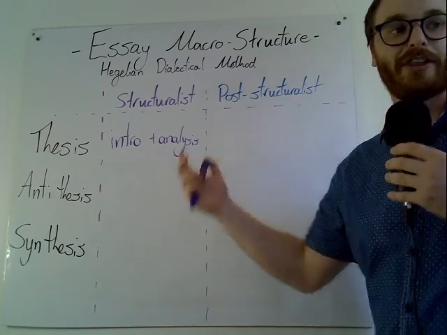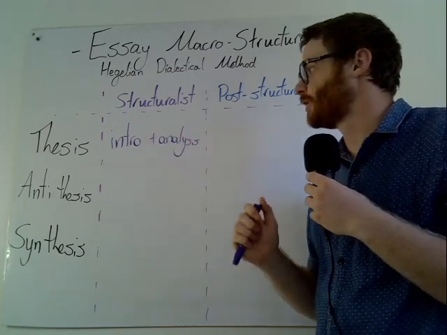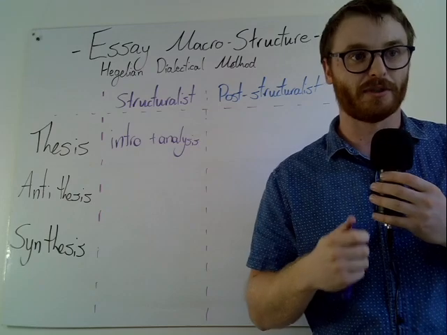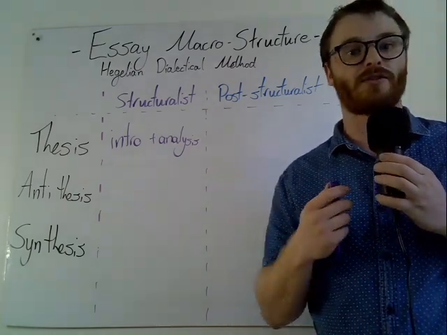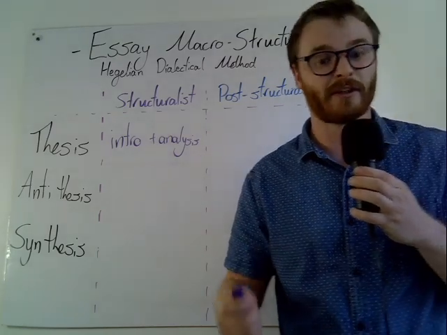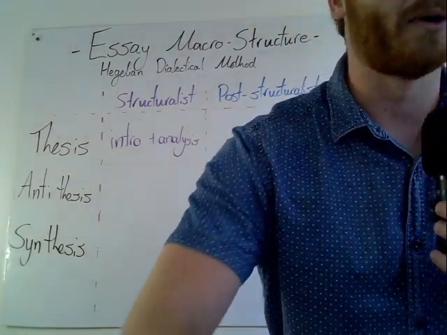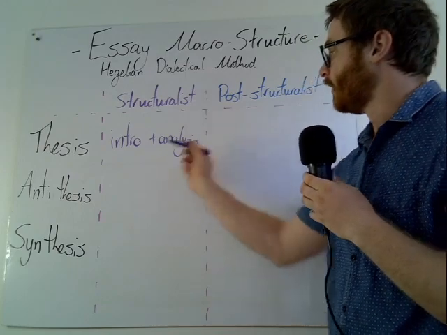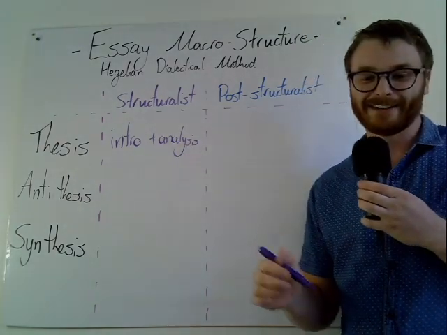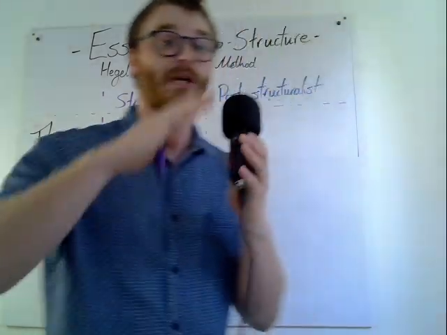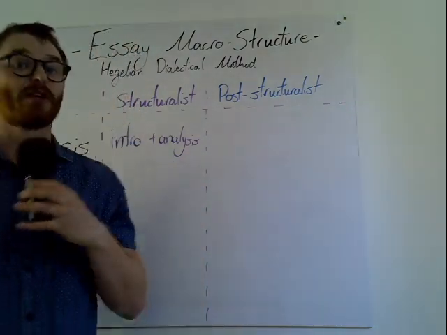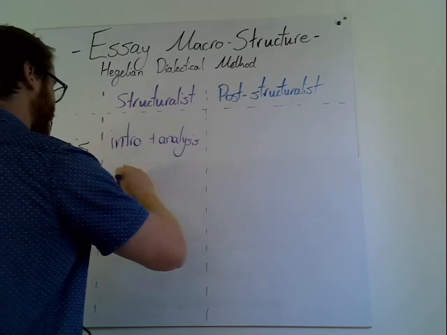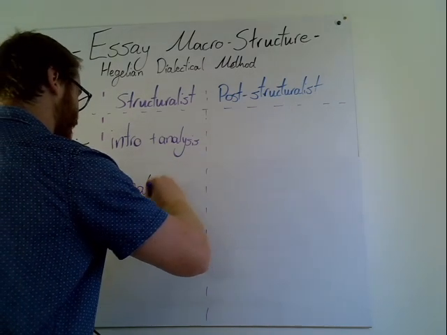Introduction will very thoroughly introduce your thesis, terminology, the concepts, and maybe some of the background. You might introduce some of the theorists that have proposed your critical lens. Following that, your antithesis, I would say, will be the following paragraph or two. So you're just analyzing examples that contradict what you have already shown.